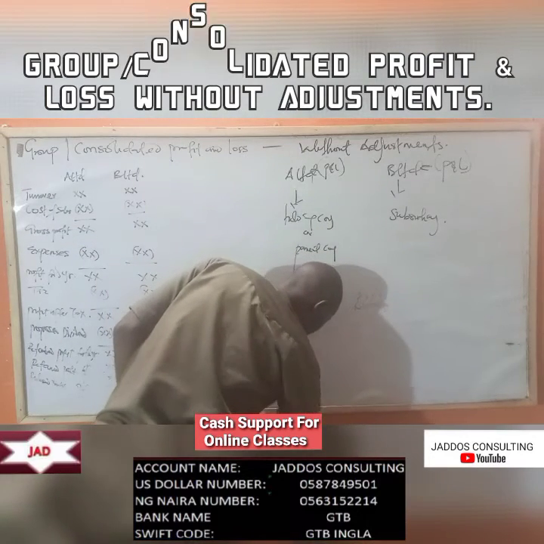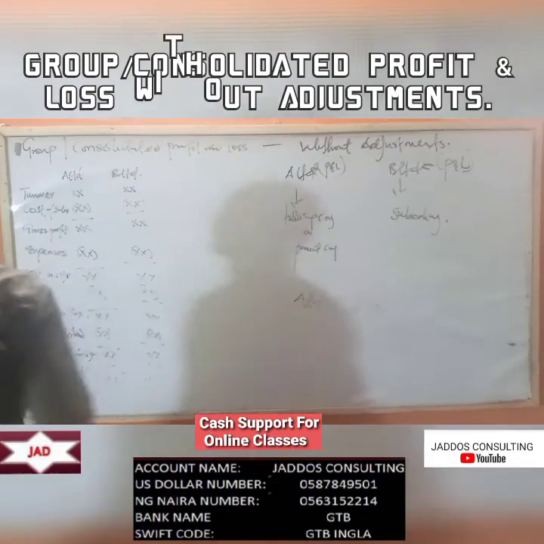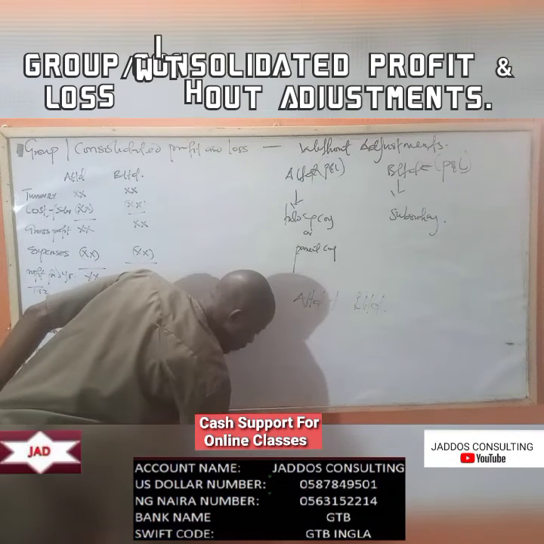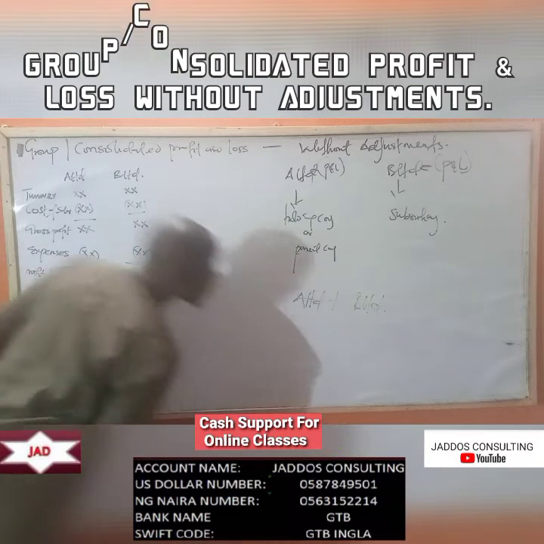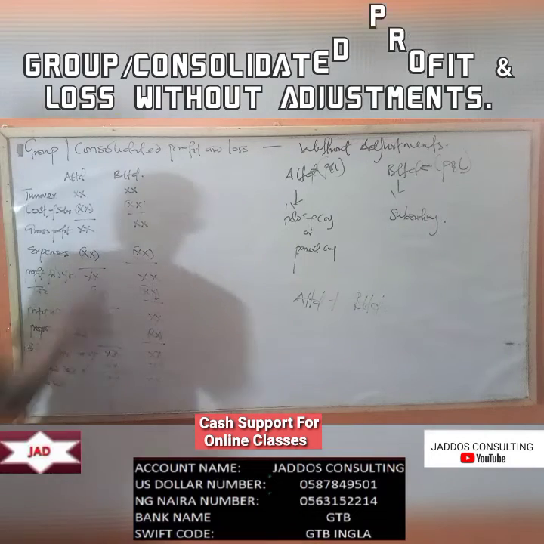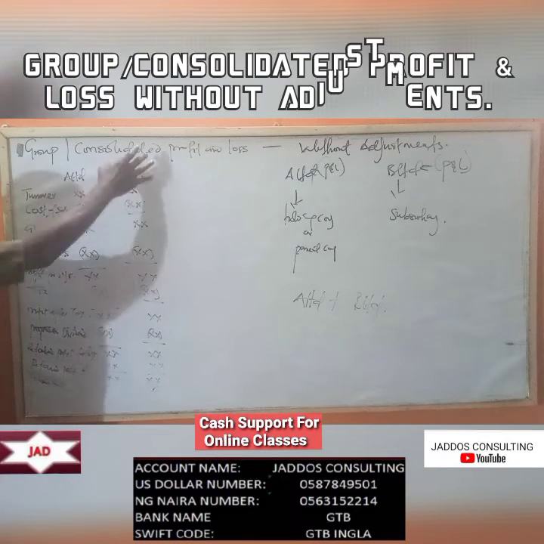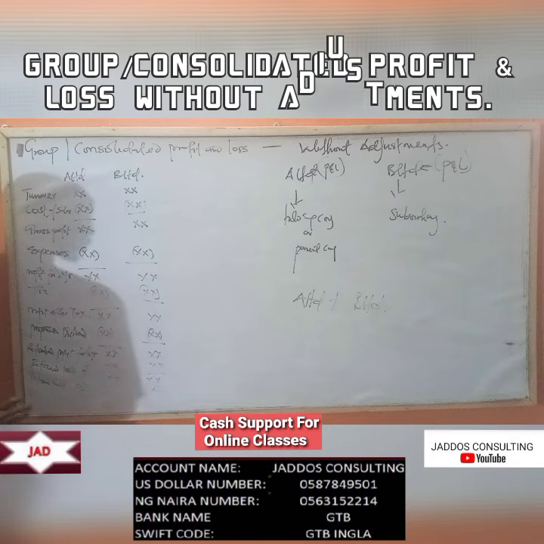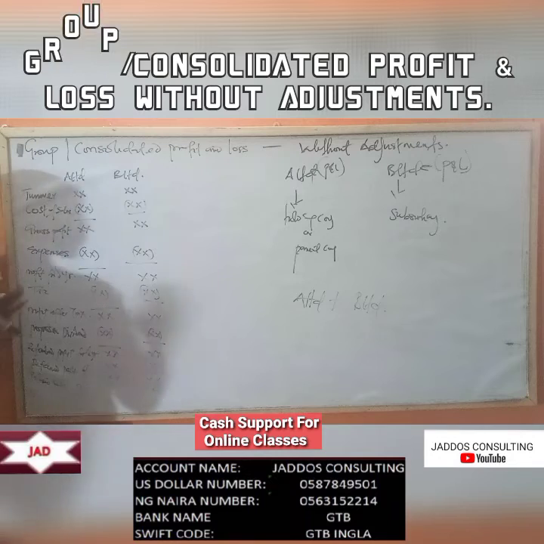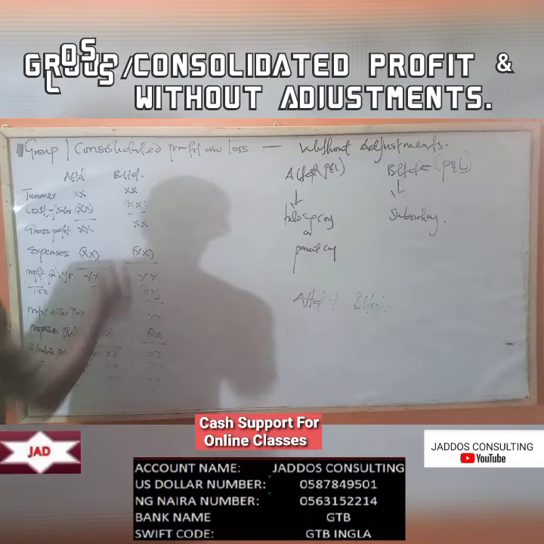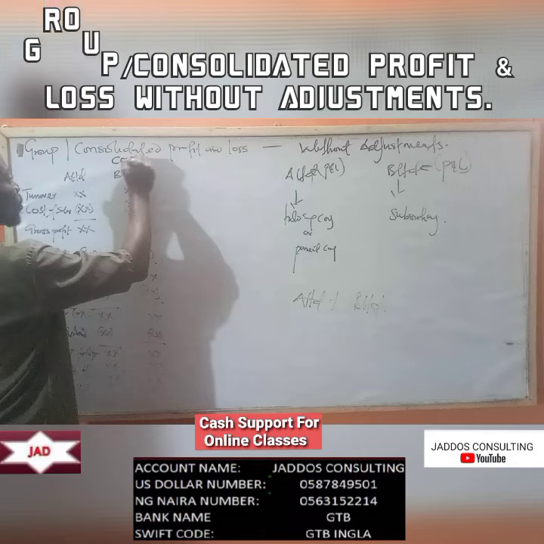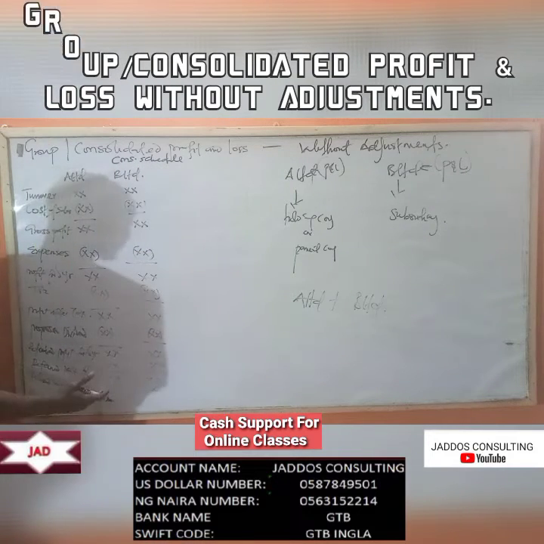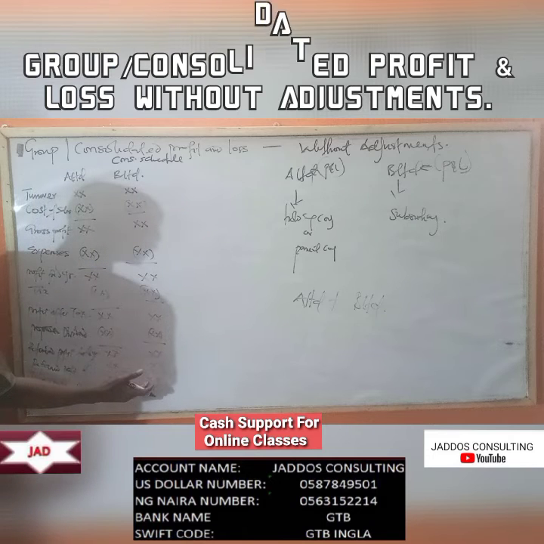So the point we're trying to make here is that we have established that this is the holding company and this is the subsidiary, and this is their profit and loss. You want to consolidate. Like I said, there is no adjustment. So basically, your consolidation schedule is a function of your holding company and your subsidiary.